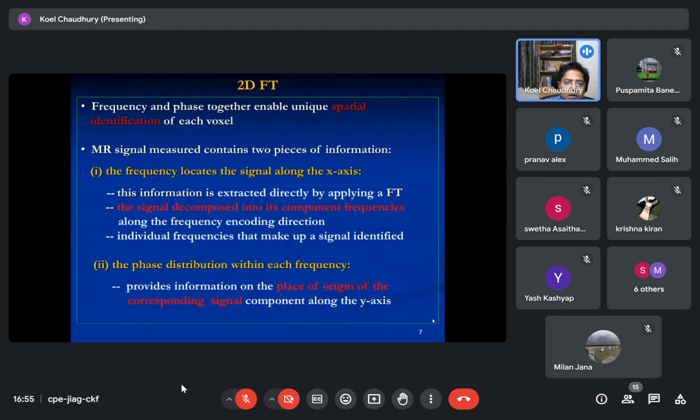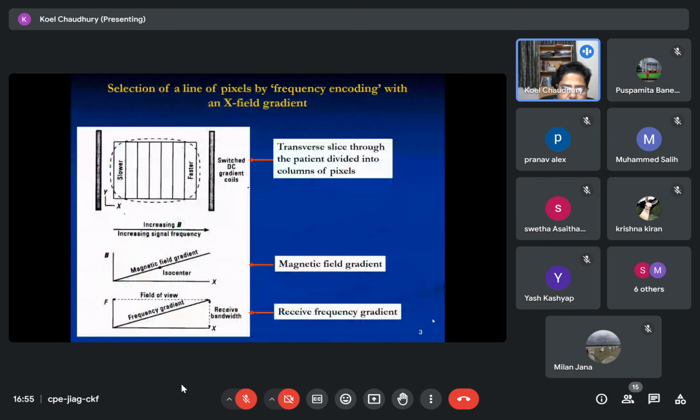So the MR signal measured contains two pieces of information. The frequency locates the signal along the x-axis, and the phase distribution within each frequency. So basically the frequency is always taken and then it is decomposed into its component frequencies like we have done here.